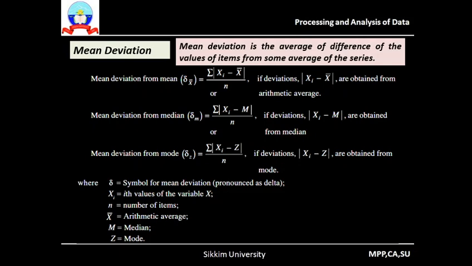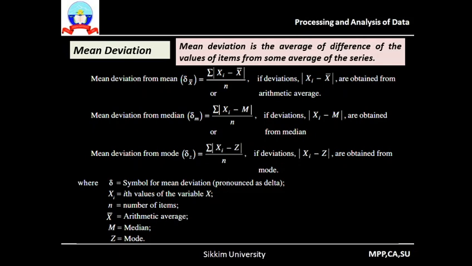So in case of mean deviation from mean, we find sum of all the differences from mean of the data points and divided by the total number of instances. So here we will be considering only the magnitude of the differences in order to determine the mean deviation.